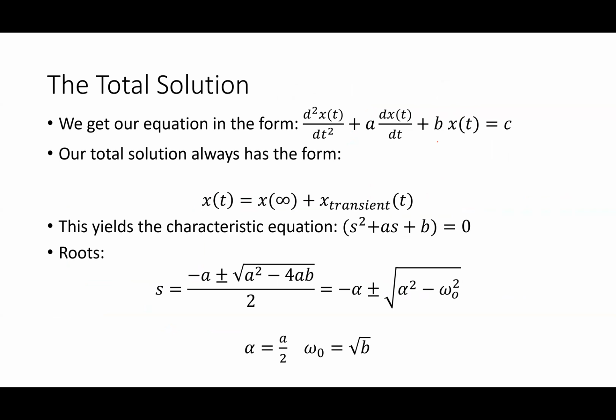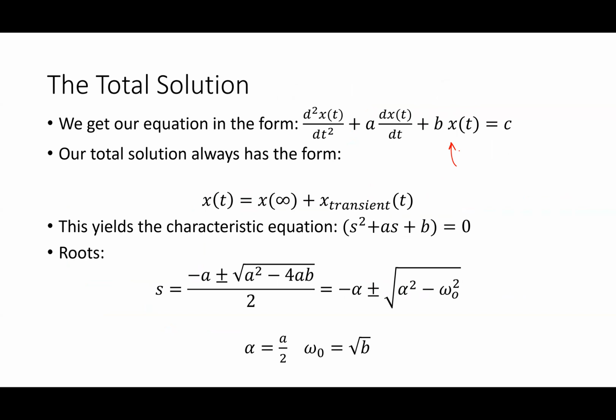My standard form of the equation is that thing up there, that d squared x by dt squared. It always has a solution that is the steady state plus the transient. And the way we solve this is to get the transient solution. I said this the other day and I got some weird questions afterwards.